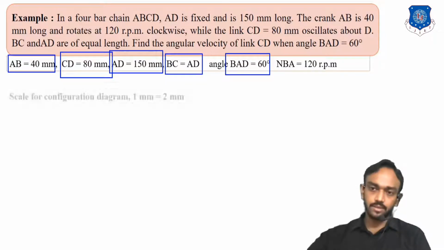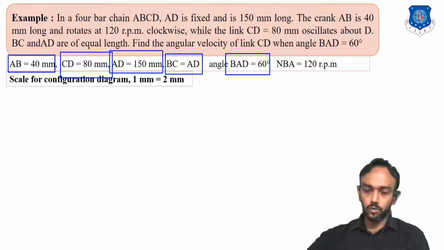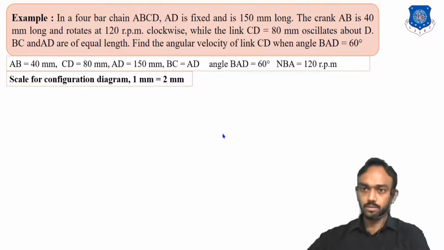Since 150 mm is large, you want to scale it down, so you will take the scale as 1 mm equal to 2 mm. So you will start with the AD. You draw the AD here; the length will be 7.5, that is 75 mm. After that you will start with the AB.